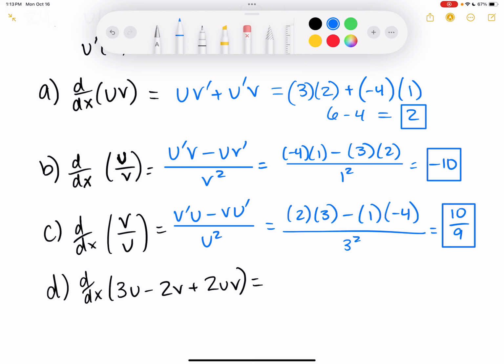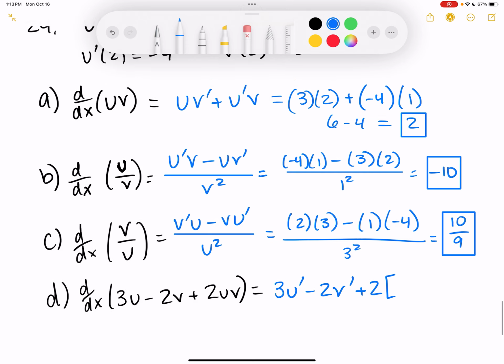And so when we do this, this is going to be 3u prime minus 2v prime plus 2 times, and then a lot of times I will bracket this off because this 2 is being multiplied by u times v. But u times v is going to be a product rule. So 2 times uv prime plus u prime v.